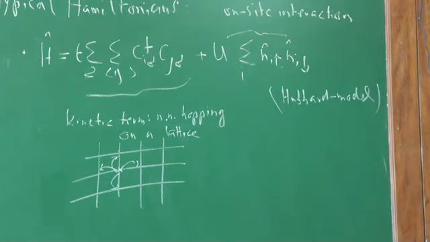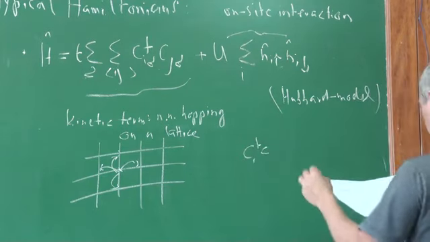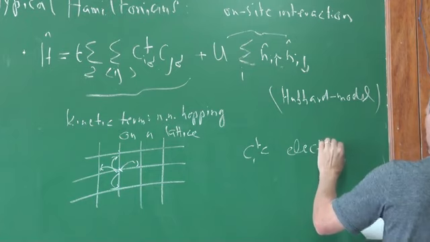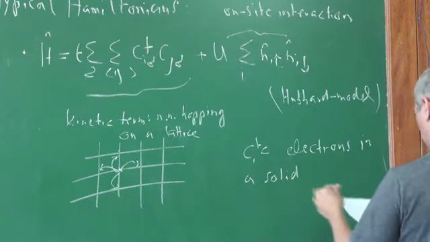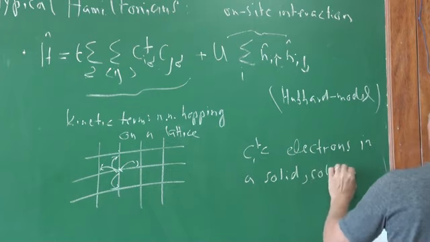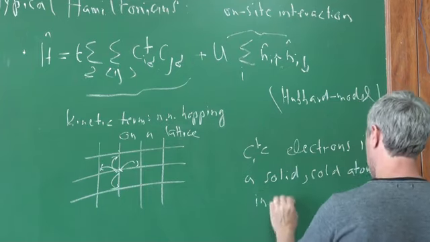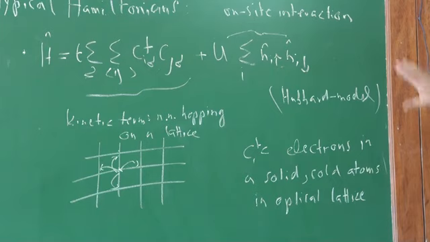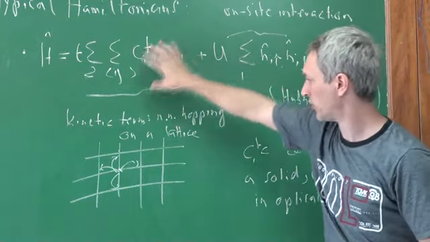This would be a very typical model, where the C dagger and C describe, for example, creation and annihilation operators of electrons in the solid, but it can also be atoms, fermionic or bosonic, in an optical lattice, and so on.